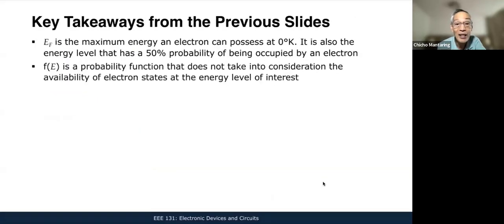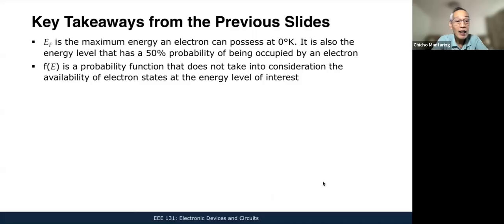F of E is a probability function. A probability function is from 0 to 1 or from 0 to 100%. Okay? If it is 0, that means it is not possible. If it is 1, that means it is certain. If it's between 0 and 1, then it's possible, but it is not certain. No?